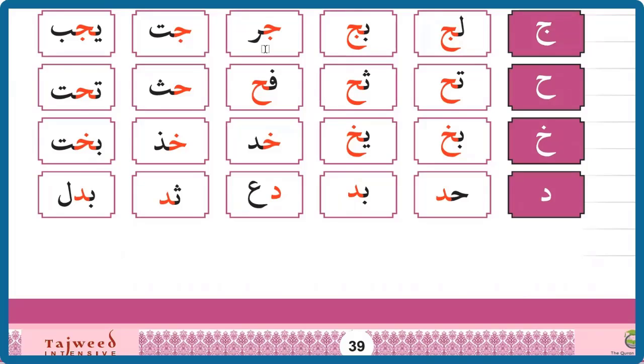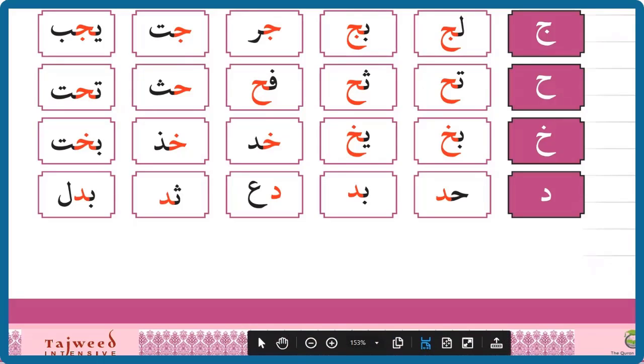Jim and R sound. Ra. Raw. Very good. Next one. Jim and sheen. No. It has a boat and two dots on top of it. A boat and two dots. Seen and ba. Yeah, very good. Yes, good job.